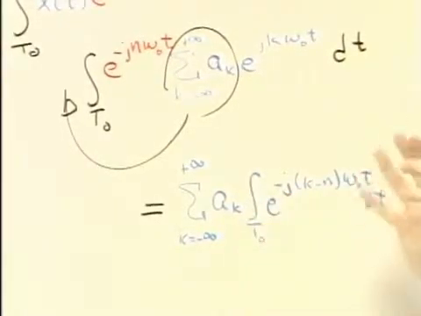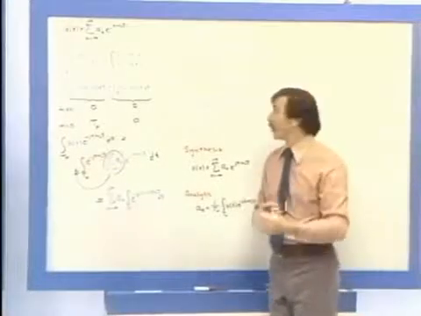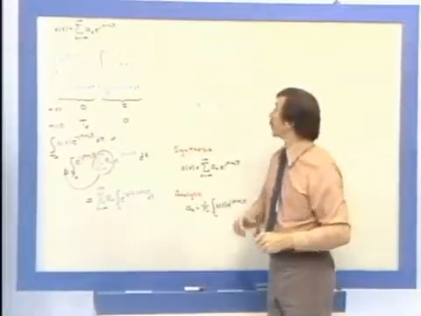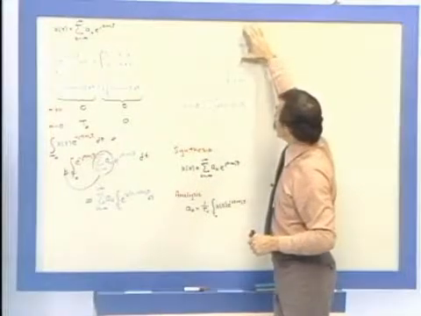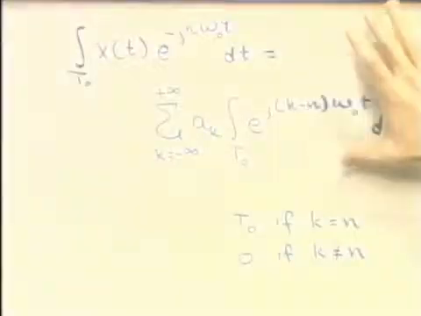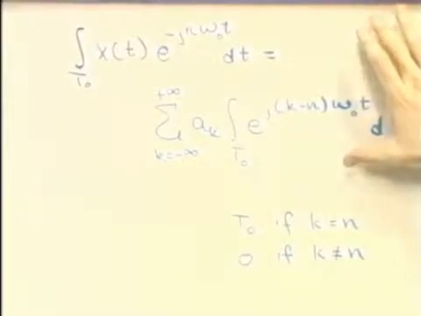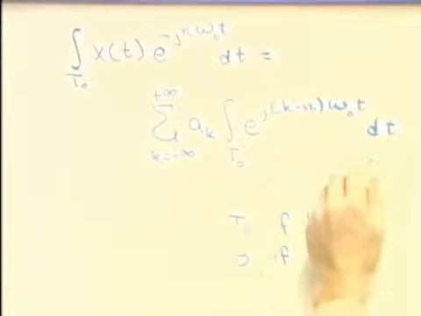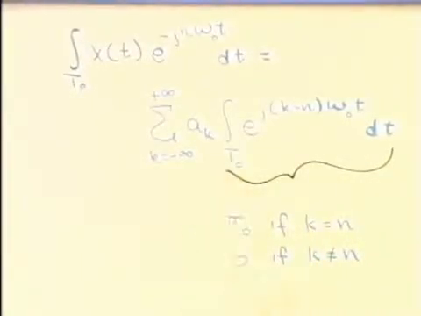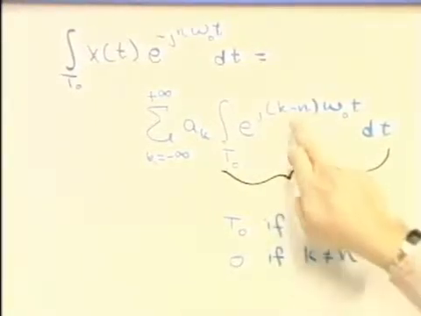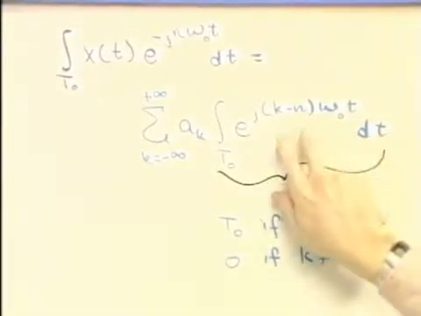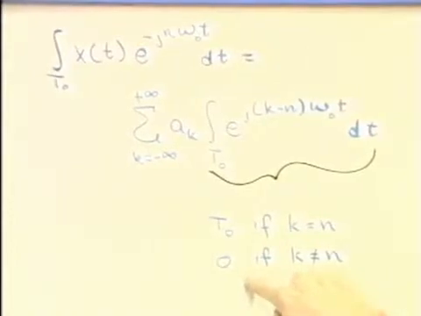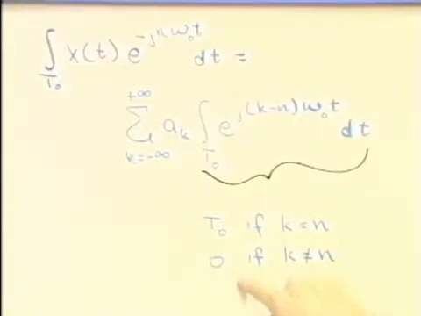So multiplying both sides of the Fourier series and then doing the integration leads us, after the appropriate manipulation, to the expression that I have up here. And this integral is equal to T0 if k is equal to n, corresponding to 0 up here, and it's 0 otherwise, which is what we had demonstrated or argued previously.